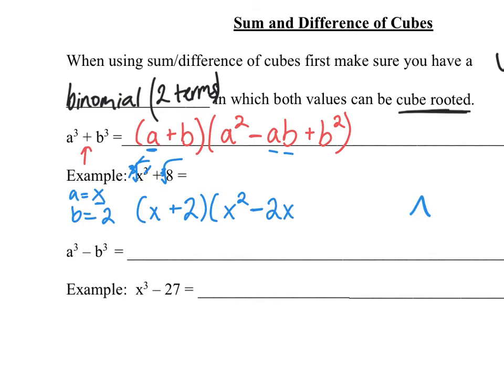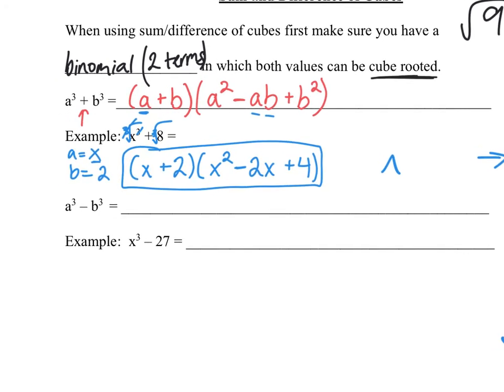Just 2x. And then what would 2 squared be for b squared? 4. And that's it. I don't have to do anything else after that. That's just going to be my answer.